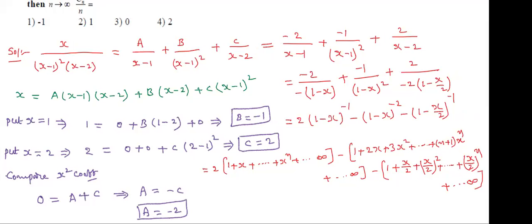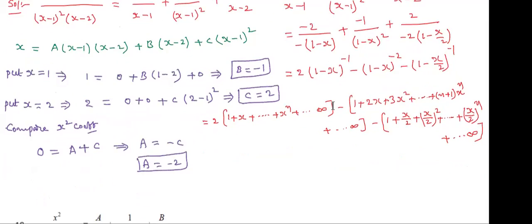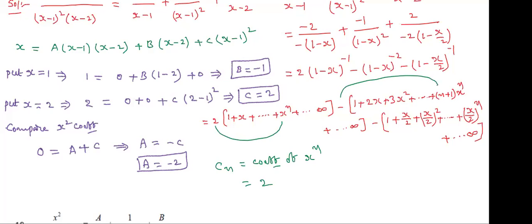This is. Here what they are asking, Cn. Cn means that is equal to coefficient of x power n. Coefficient of x power n, observe these two, only 2. Coefficient of x power n, here minus is there, multiply these two, minus of n plus 1.